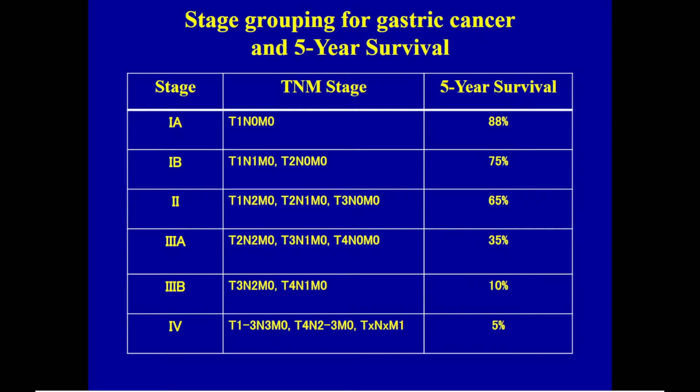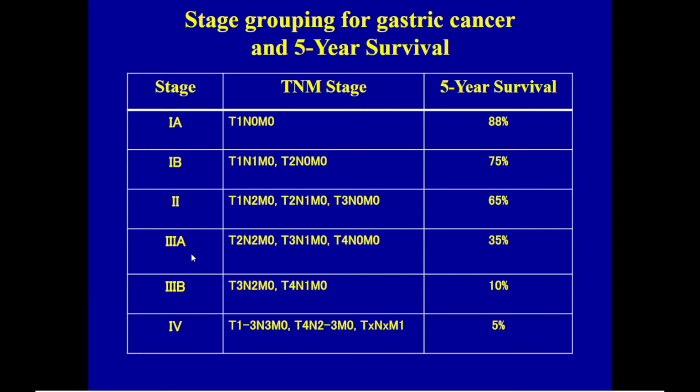As we see here, stage 1A is T1 N0 M0, 1B is T1 N1 M0 or T2 N0 M0. 1A has 88% survival, 1B 75%, stage 2 is 65%.